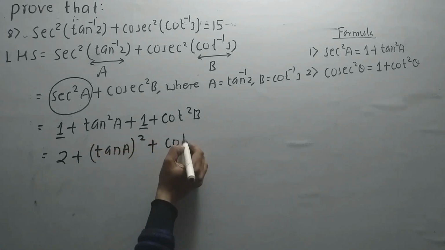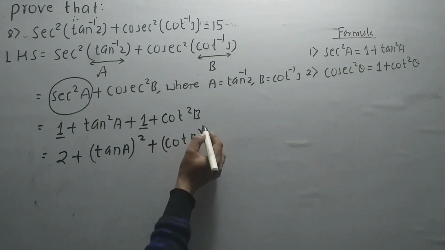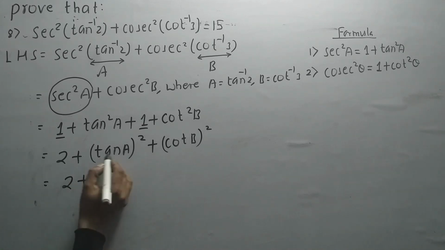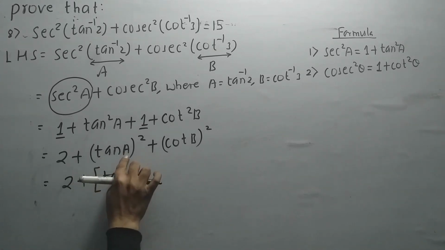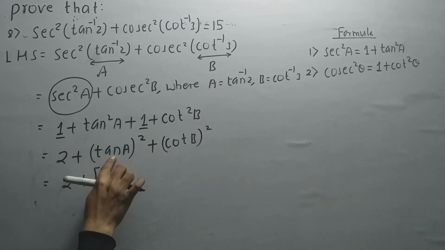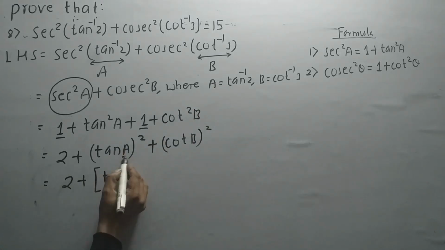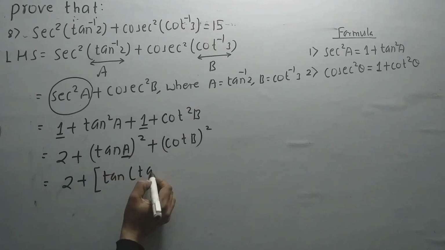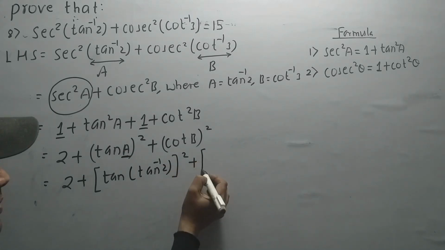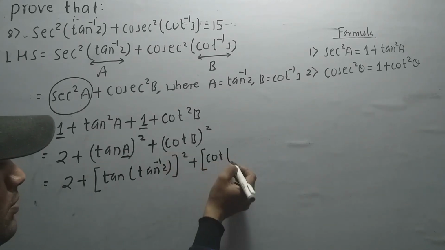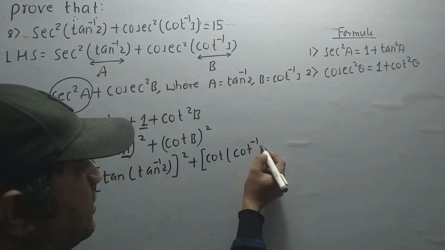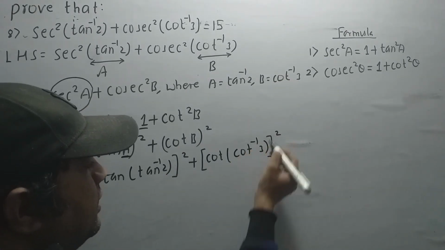For cot square B, let me write here cot B whole square. Now do the original replacement. 2 plus tan, and for this A you write tan inverse 2. Tan remains the same. Here it is whole square, plus in a similar pattern cot remains the same. For this B you write cot inverse 3. So here it is whole square.